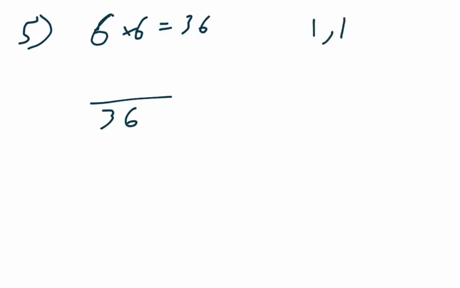For problem number 5, you're rolling 2 dice, which means the possibilities are 36, and the only combination that adds up to 2 is 1 and 1, so we got 1 out of 36.